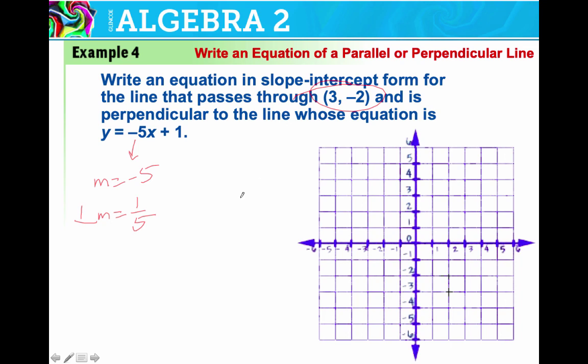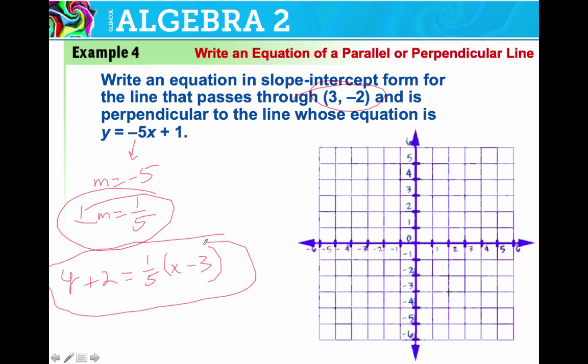I'm going to use a point and a slope. y minus y1 equals m times x minus x1. That's an equation, but it's in point-slope. I'm going to graph it using point-slope. Now I'm going to apply 1/5, up 1, right 5. I'm off the screen, down 1, left 5. Connect the dots.